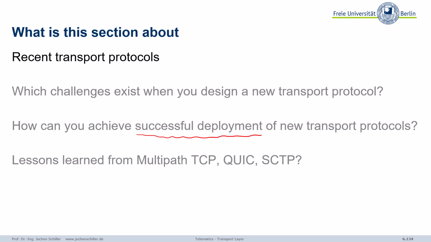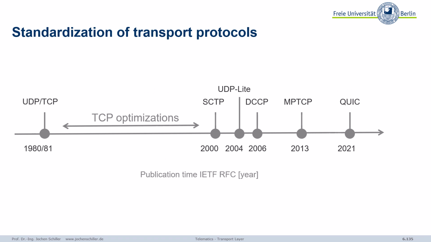So, what have we seen over the last more than 40 years? TCP, the first ideas already started in 1974, but the standards are from the early 80s. And during the following 20 years, there was a lot of research about optimizing TCP, not about implementing something completely new, a clean slate approach.